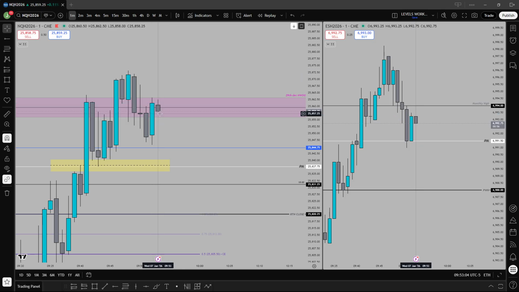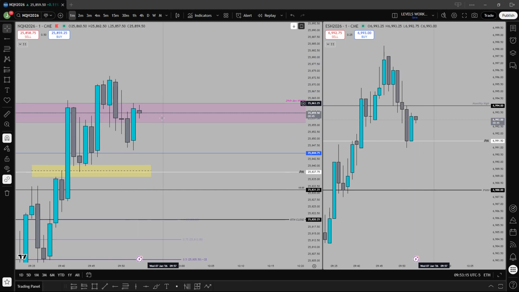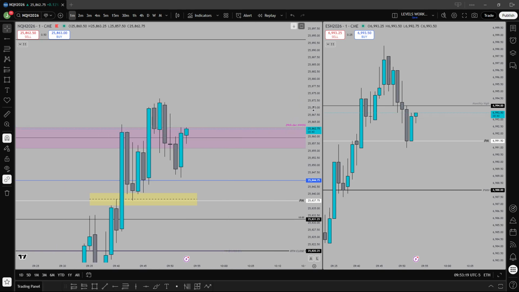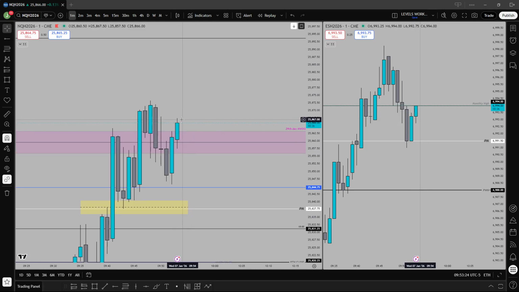This could be a trade, like maybe buy here, and then price goes for these highs. SL should be here, when taking a trade in demo, of course.